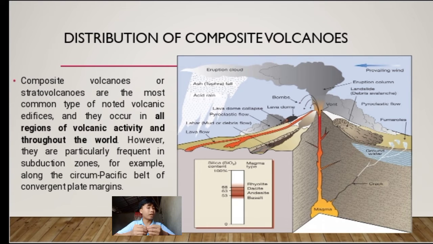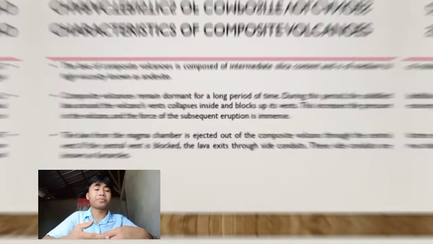As I said earlier, subduction zones are where the oceanic crust and continental crust subduct with each other, and after the subduction process, composite volcanoes form. For example, along the circum-Pacific belt of convergent plate margins.